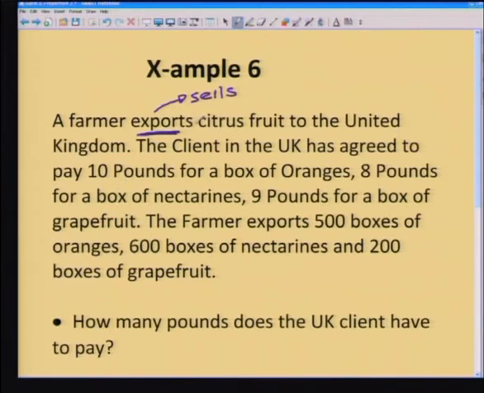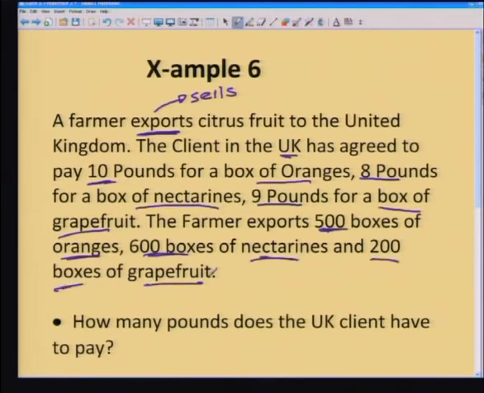The client, whoever's buying his fruit in the UK, has agreed to pay £10 for a box of oranges, £8 for a box of nectarines, £9 for a box of grapefruit, and the farmer exports 500 boxes of oranges, 600 boxes of nectarines, and 200 boxes of grapefruit.